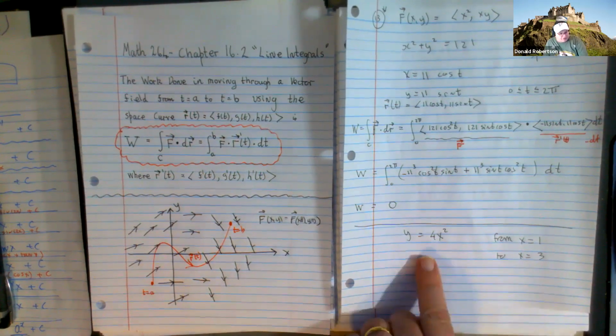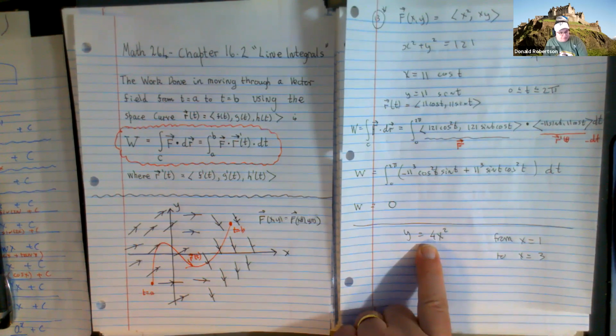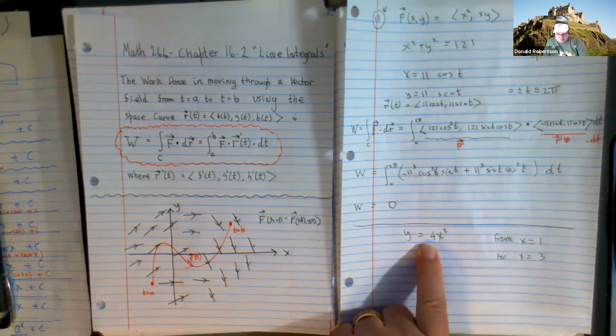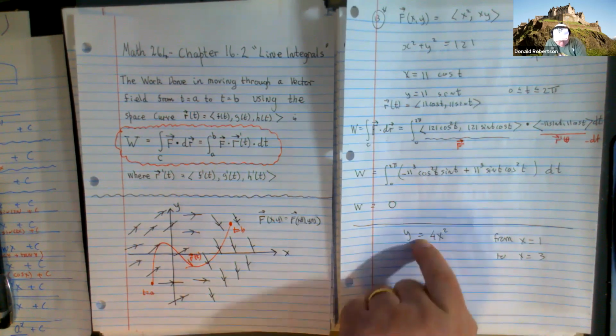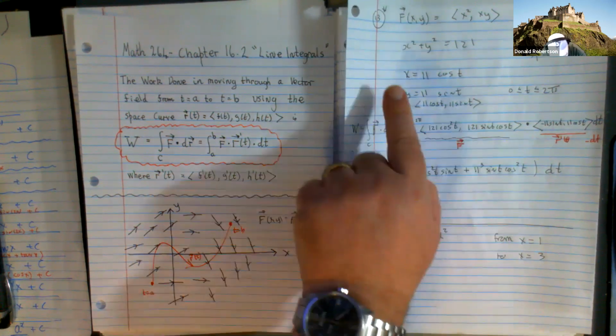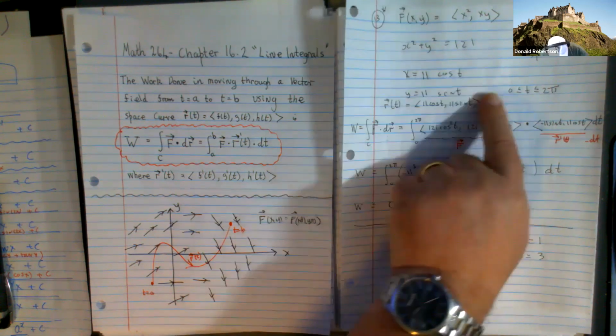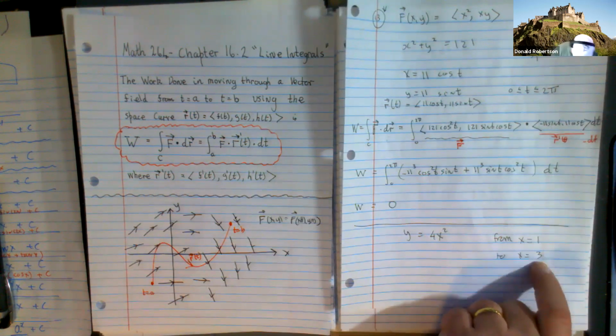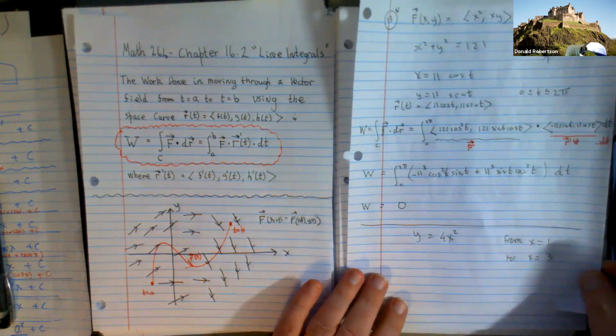So imagine that had been your space curve, right? Now we need to convert this fellow into an r of t. Now we know what you do with circles, right? We've shown you the 11 cos, 11 sine, but let's focus on this fella because he is kind of interesting.